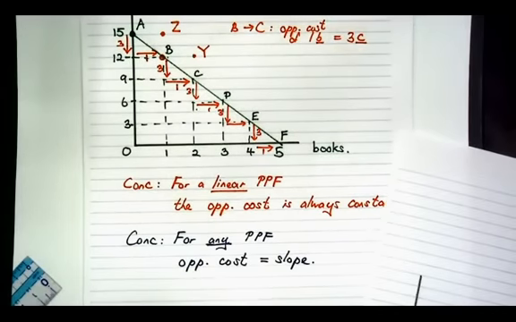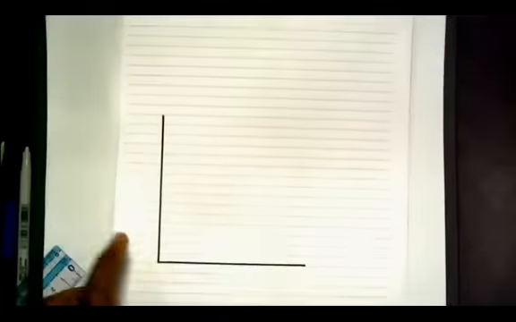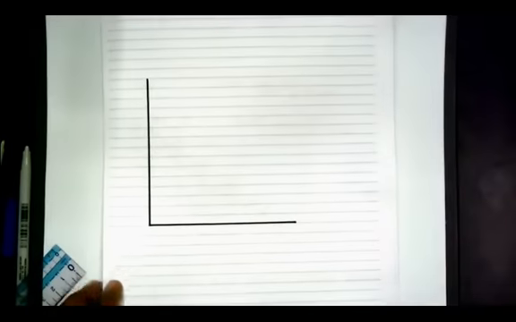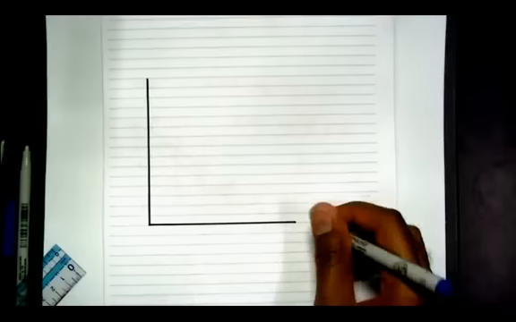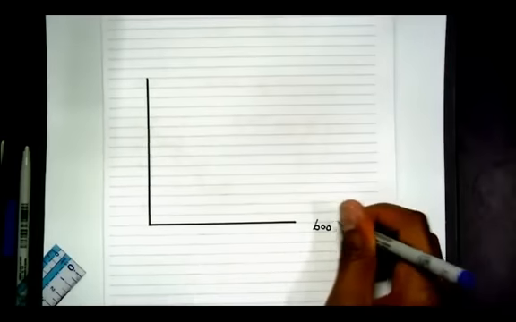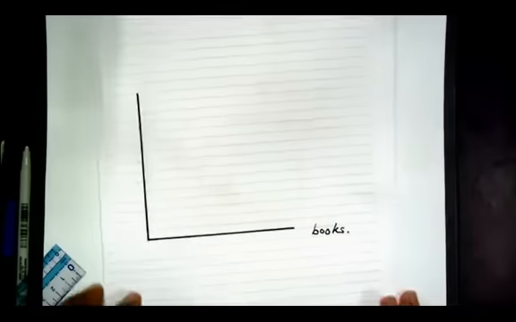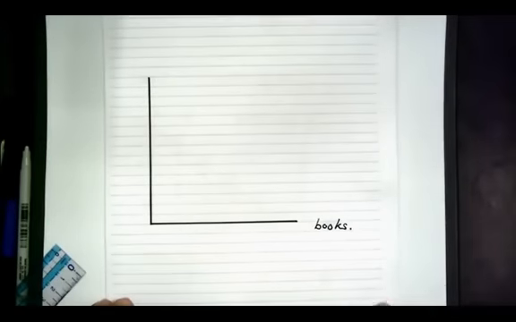Okay, now we're on page 21 of the handout. I've been drawing the PPF linear. Now let's change that. Let's alter it, and it is now no longer linear.